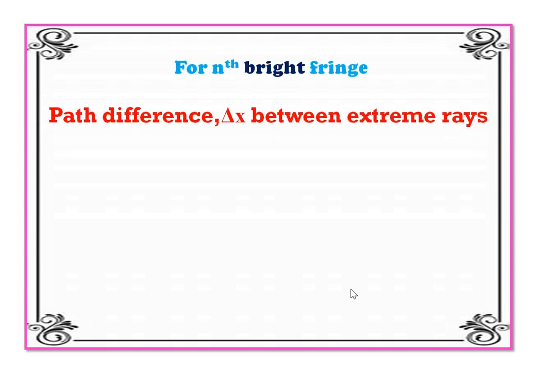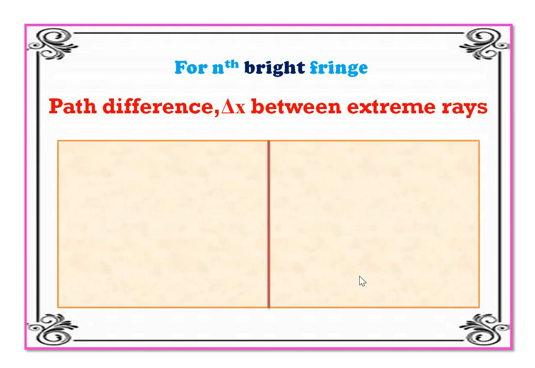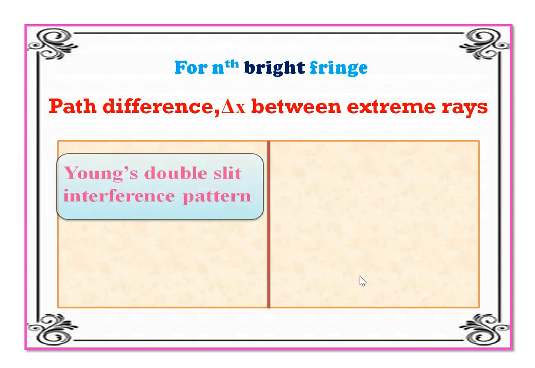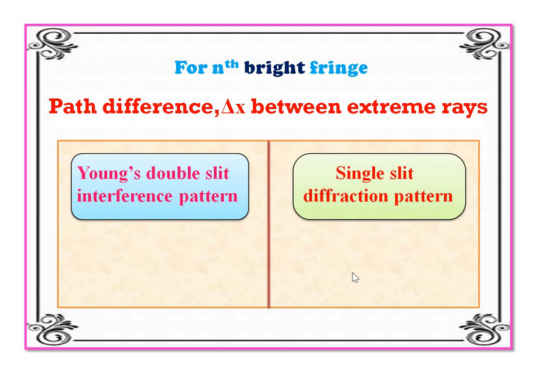The next quantity is the path difference delta x between the extreme rays. In Young's double slit, the formula is n times lambda, and in single slit diffraction, it is n plus 1/2 times lambda.